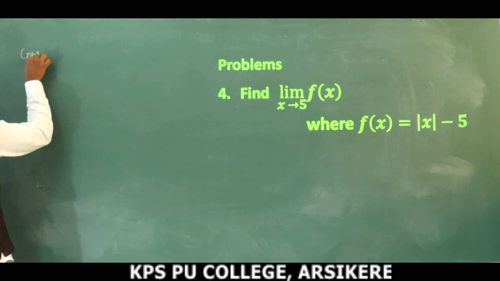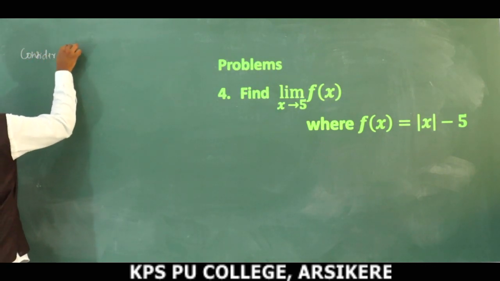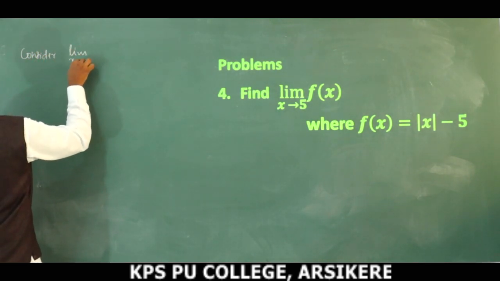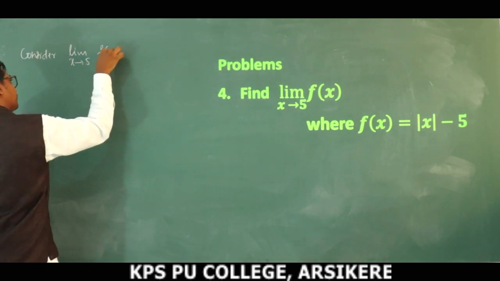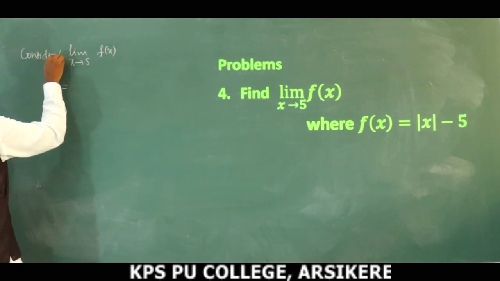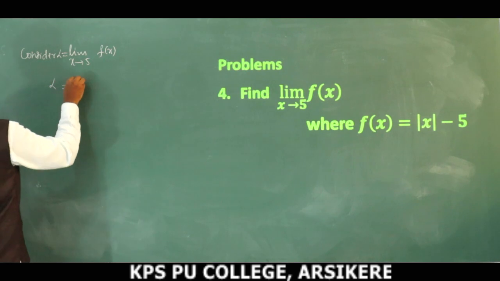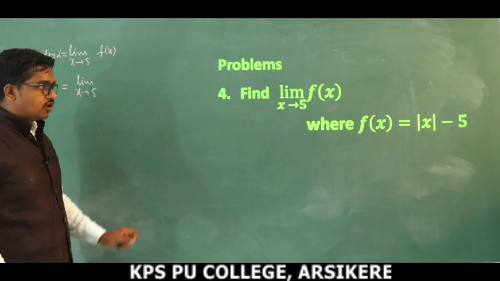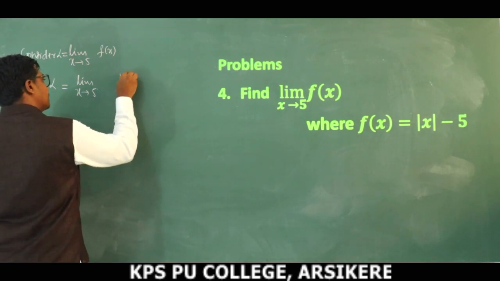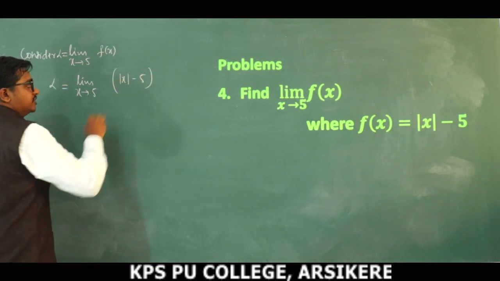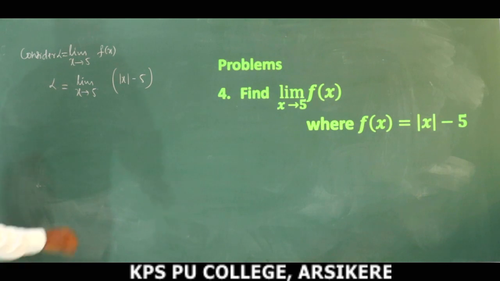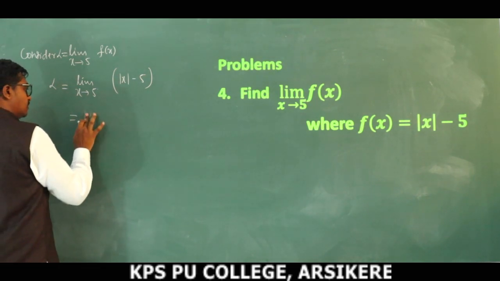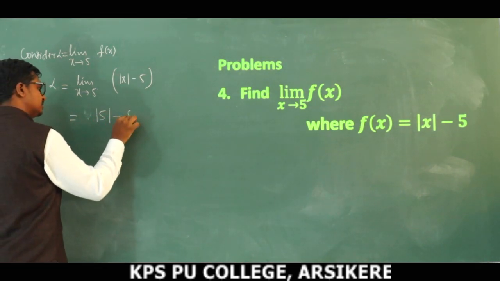Consider limit as x approaches 5 of f of x is equal to, take this as L. L is equal to limit as x approaches 5 of, what is the function then? Mod x minus 5 is the function. Replace x is equal to 5 here: mod of 5 minus 5.